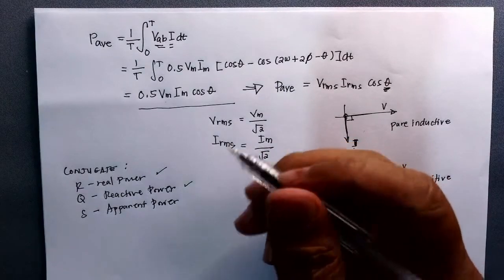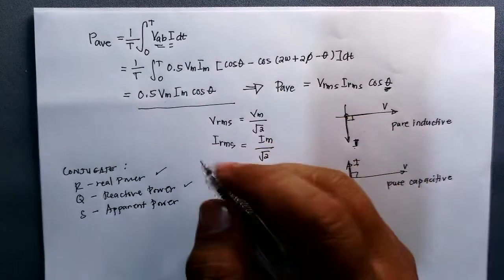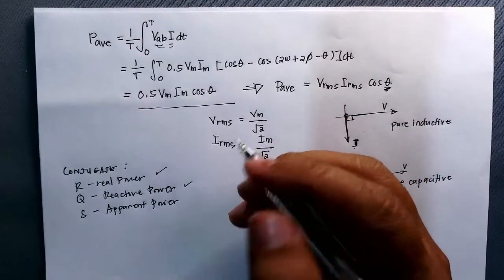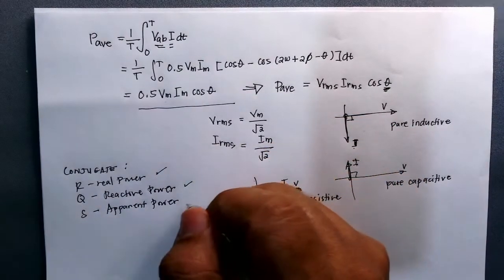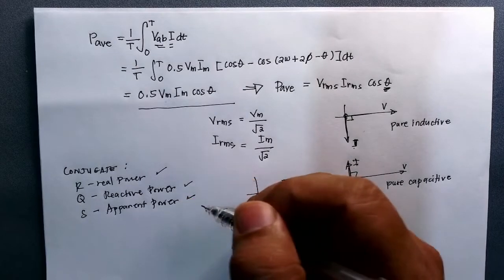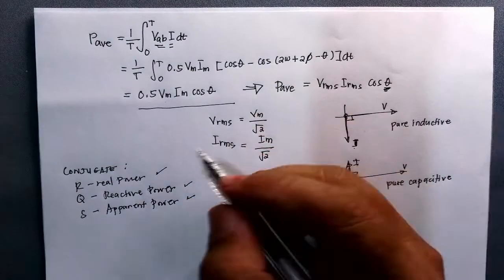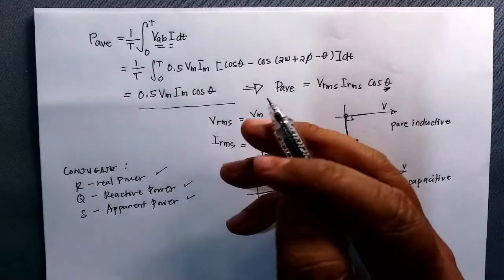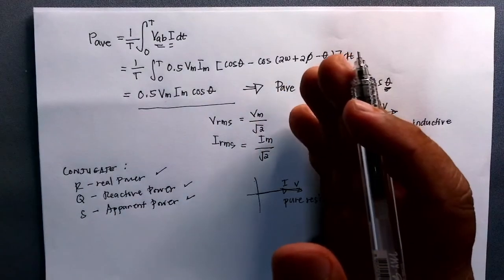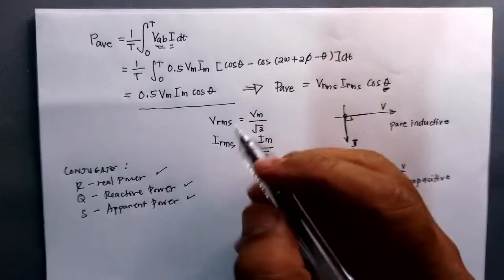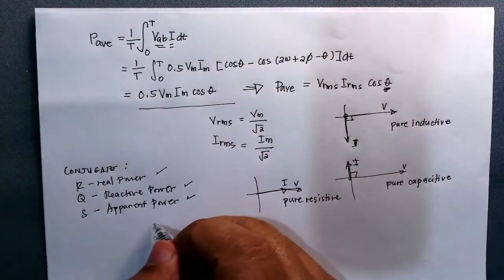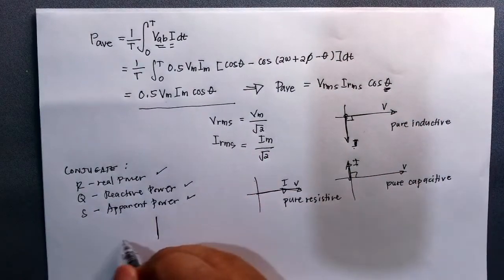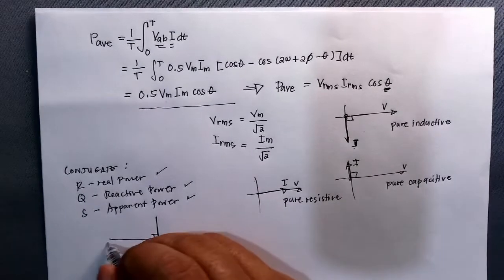So it can either be more capacitive or more inductive. And the apparent power is the power that represents the real power and reactive power in a right triangle. So we represent these three powers in a right triangle.